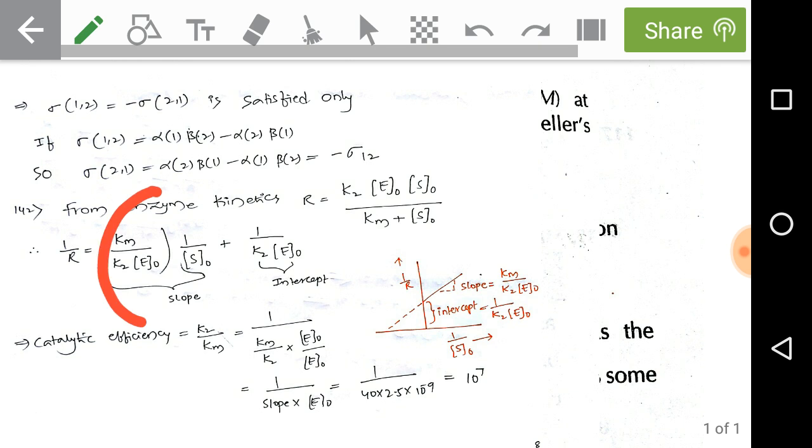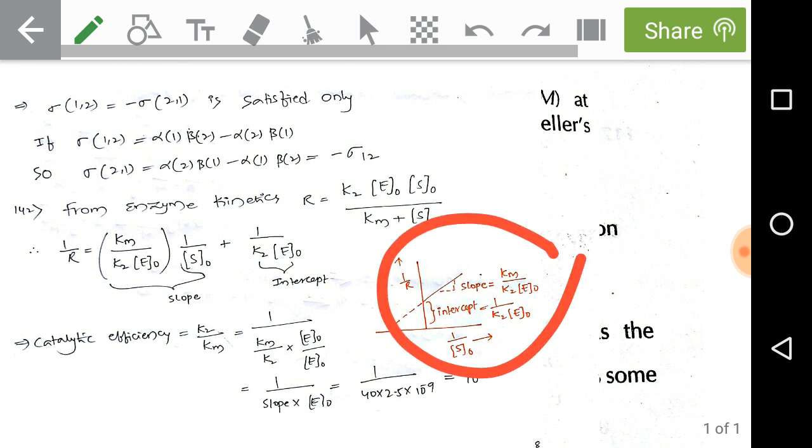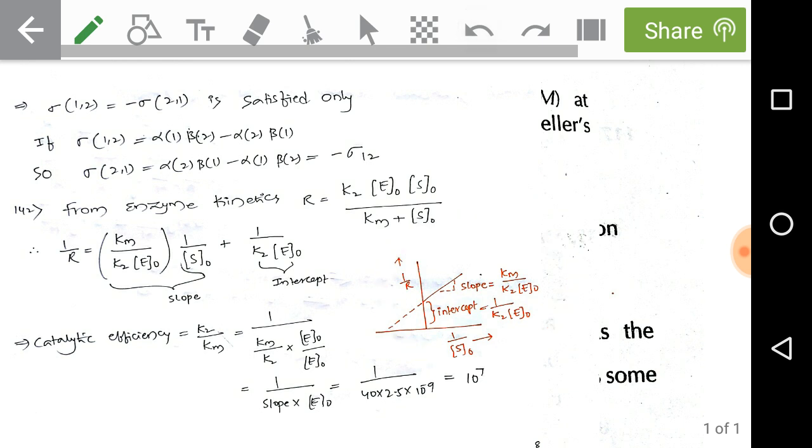So here Km by K2 E0 is the slope and 1 by K2 E0 is the intercept. By taking the plot of it, catalytic efficiency equals K2 by Km, which can be represented as 1 by slope into E0 concentration, and from that we can get 10 power 7.